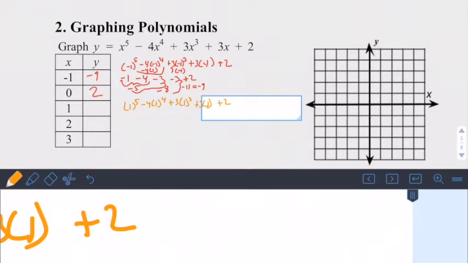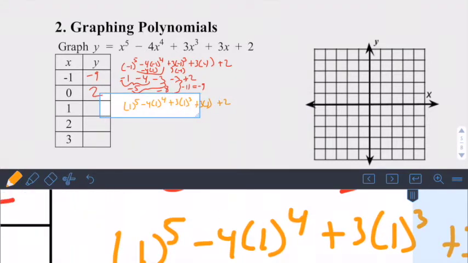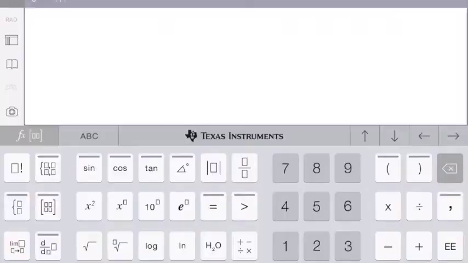Now I'm getting sick of plugging all this in and doing it all by hand, so I'm going to go to the calculator and show you how to type this in.